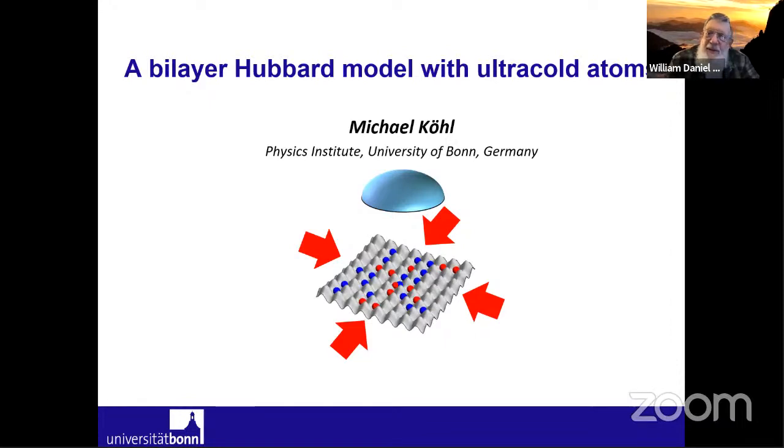Michael got his undergraduate degree in Heidelberg in 1998, and from there he went to MIT, where he worked with Wolfgang Ketterle for his diploma thesis. In 1999, he went to MPQ in Garching to do his PhD work with Ted Hänsch, and then to ETH Zurich for his habilitation with Tilman Esslinger.